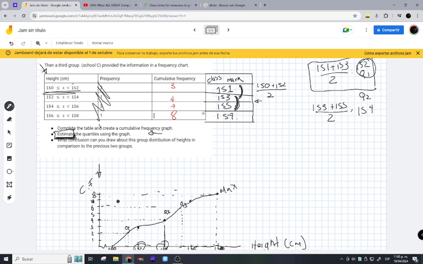And now let's do Q3, which is the middle exactly between these two, 155 plus 157 over 2, which is 156. Well, this one was also a little off.